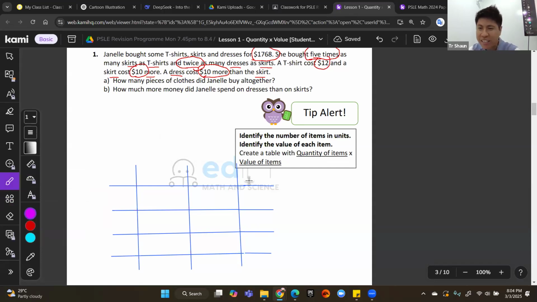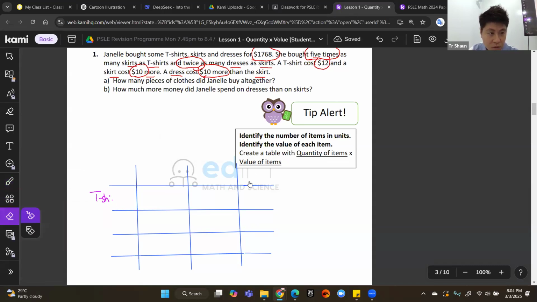So does it matter which order you're going to write it in? It doesn't matter which order you're going to write it in. So we just start with t-shirts.